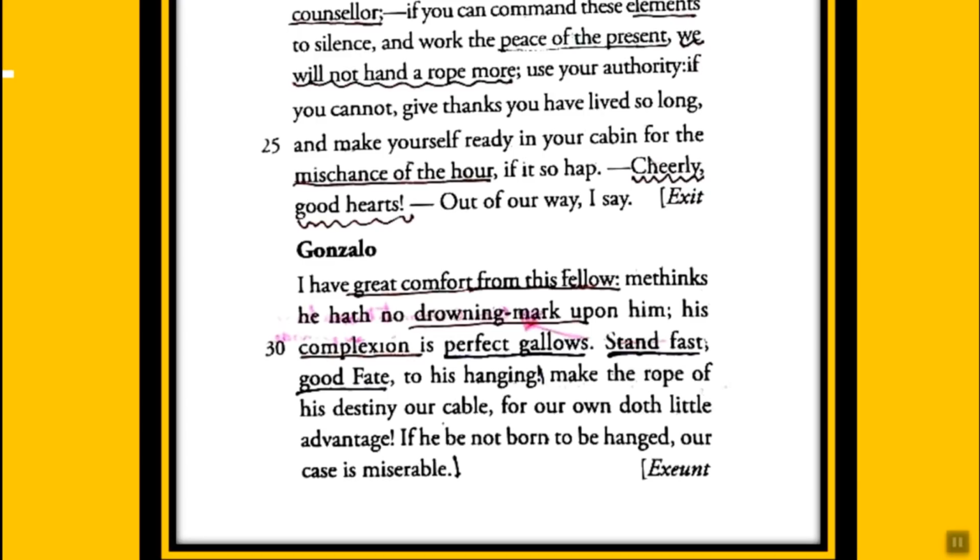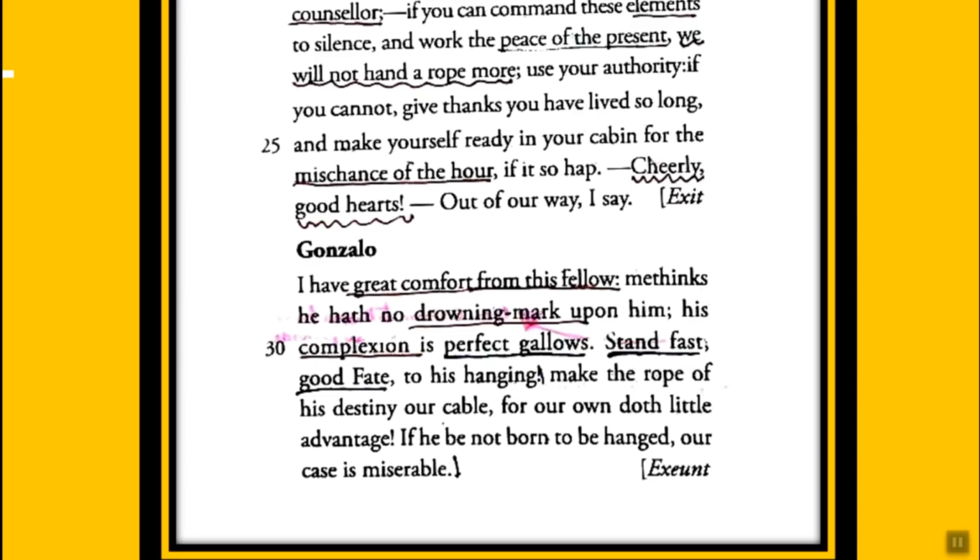So that is the reason Gonzalo is requesting fate to stand fast, means to stick to whatever has been decided. So stand fast with what? To his hanging. Means please ensure that he is hanged to death rather than drowned and dying.